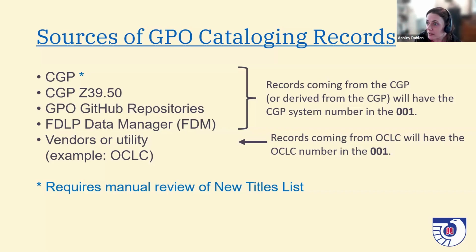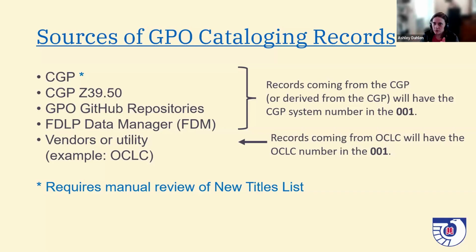You can get your catalog records through Z39.50 if you have that protocol set up, where basically your catalog talks to our catalog and you zap the records over based on that protocol. You can use the GitHub repositories. So GPO has posted catalog records. We call it the CGP on GitHub, but there's actually multiple repositories in GitHub at this point in time. There's some subject collections like geography collections.